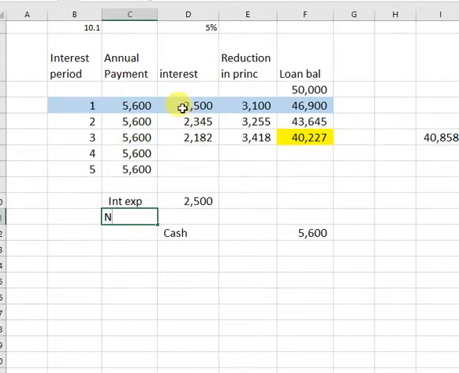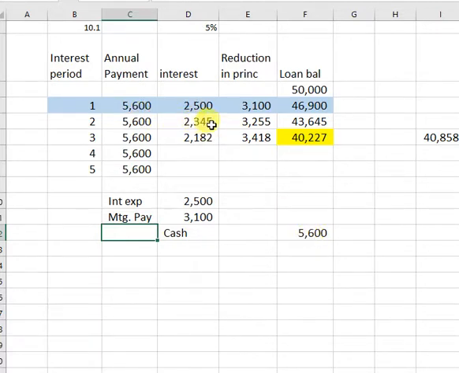So I have note payable or mortgage payable. I'll do mortgage payable since your book, exercise 6, does mortgage payable. And your mortgage payable is $3,100. So notice 25 plus 31 equals 56. So that's my journal entry. Notice in my next one, my cash would still be $5,600.